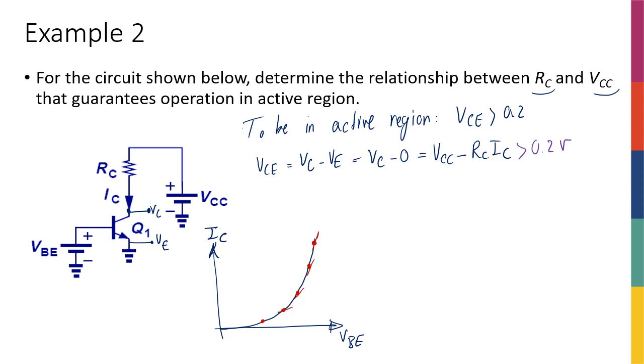Because the more I increase VBE, the better slope I'm going to have. Therefore, I'm going to have a better GM, right? Because my GM turned out to be IC over VT. So the bigger IC, the bigger GM.